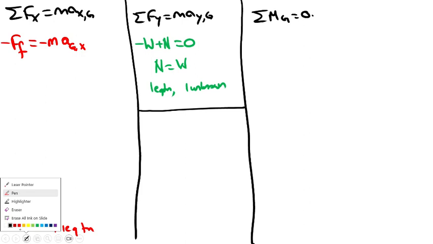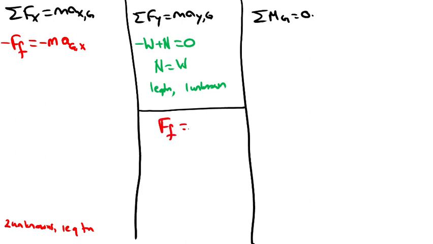We need one more equation, that the frictional force F_f will be the friction coefficient times N. N is 1200, and the coefficient of static friction is 0.5.